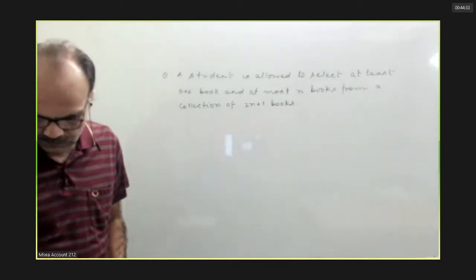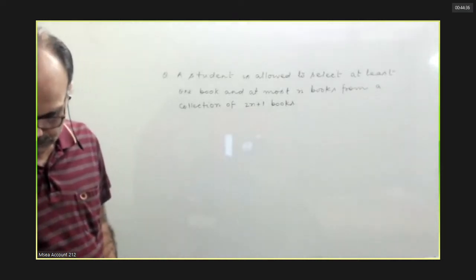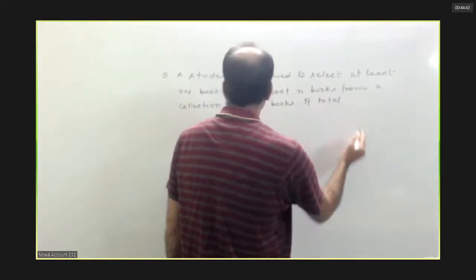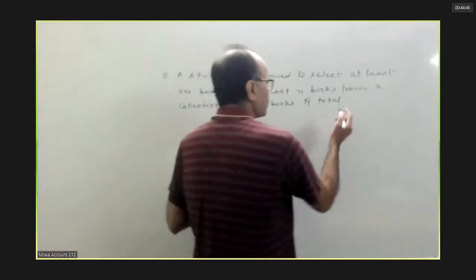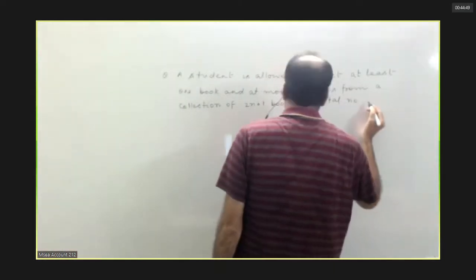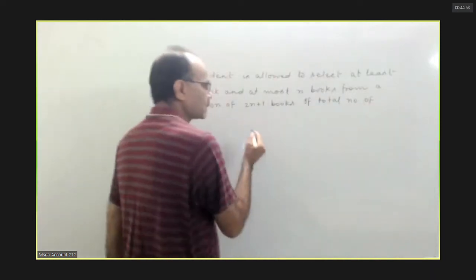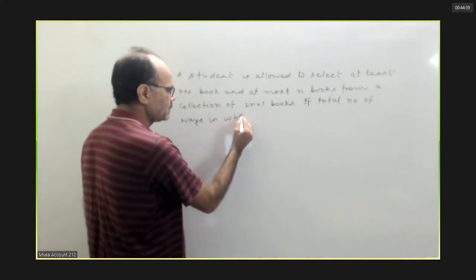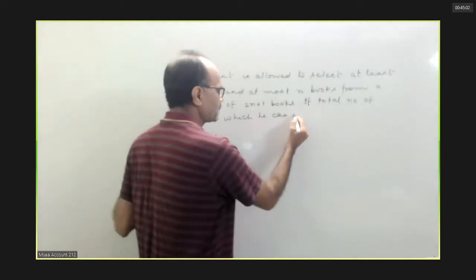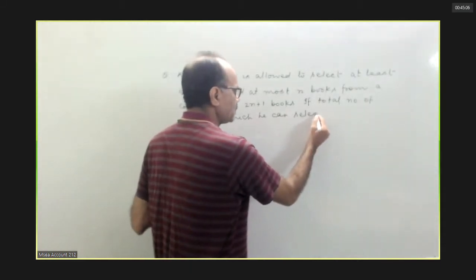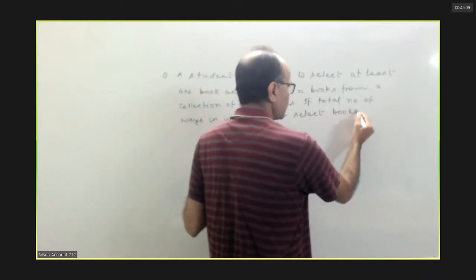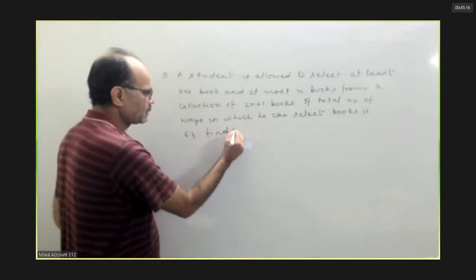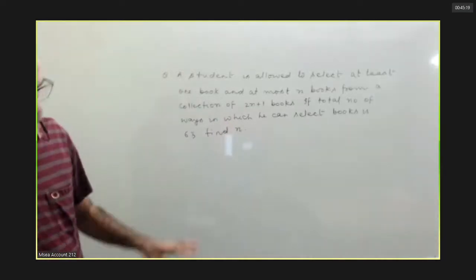If the total number of ways in which we can select books is 63, find n. These are all different books.